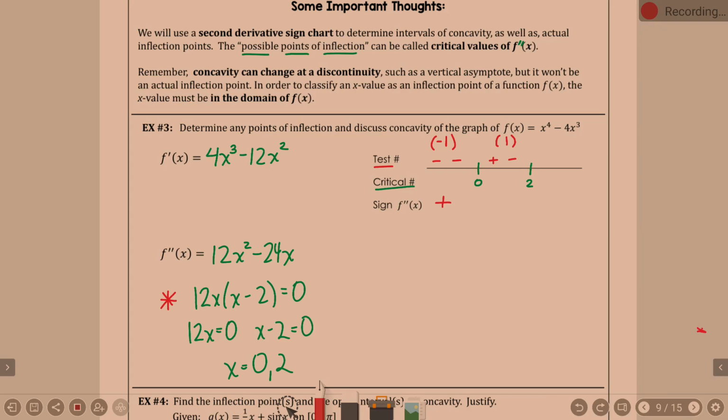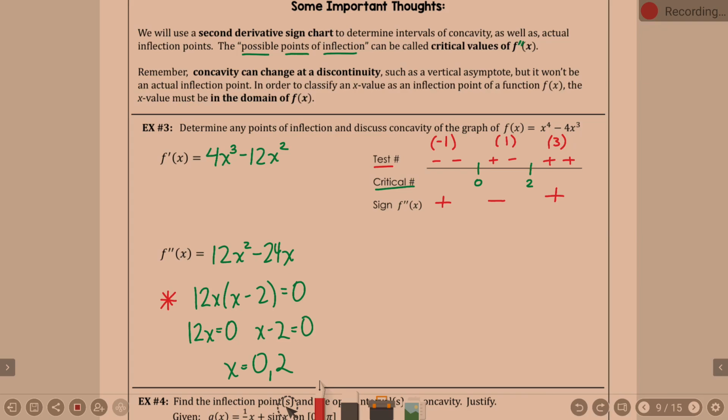And a positive times a negative is a negative. Then if I pick a value larger than 2, I'm going to pick 3. 12 times 3 is a positive. 3 minus 2 is a positive. Positive times positive is a positive.